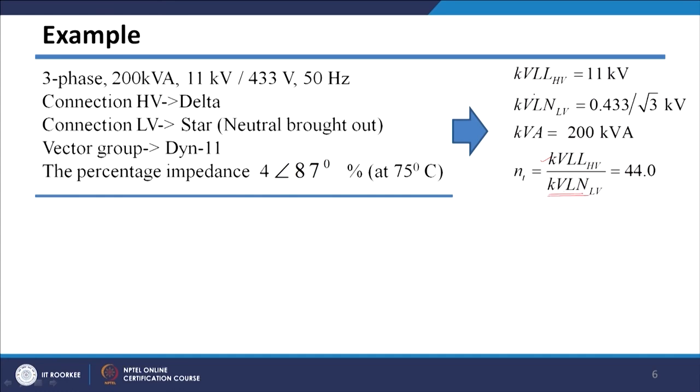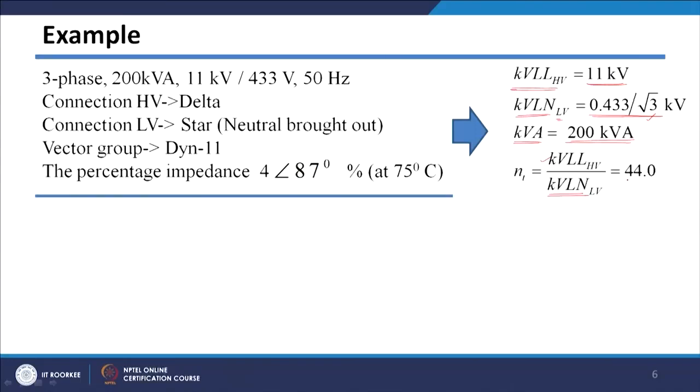In this case kV line to line voltage we know that it is 11 kV, and kV line to neutral voltage on LV side: 433 is actually line to line voltage, so we need to convert it into line to neutral voltage. So, we have to divide it by √3, and the kVA rating given is say 200 kVA. So, we can get the turns ratio from this, which comes around 44.0 something. So, we can take that 44 here.